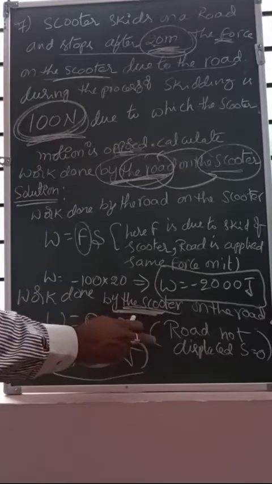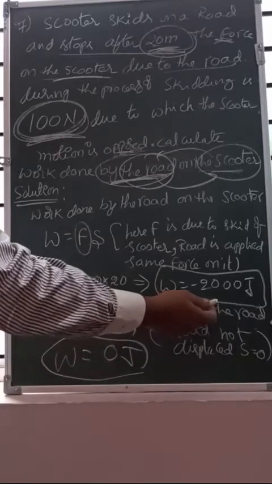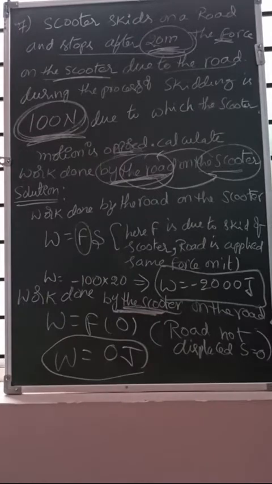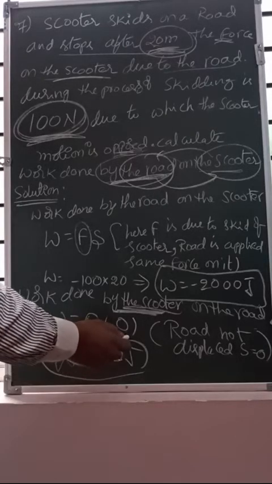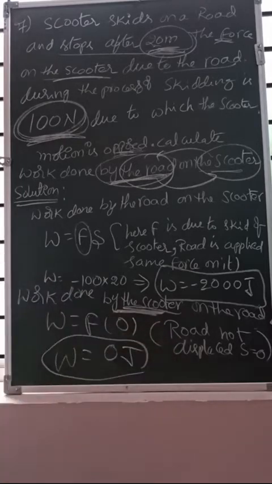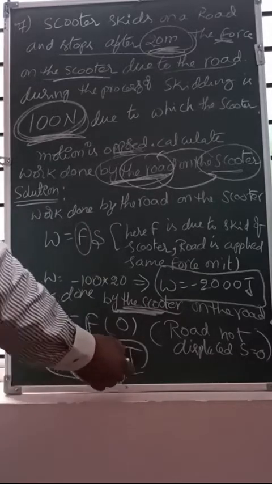In this case, by the scooter on the road, the scooter is applying a force. Is there any displacement in the road? Is there any change in the road's position? No way. That means displacement is 0. The road is not displaced. How much force you applied? Clear? That is called 0 work.